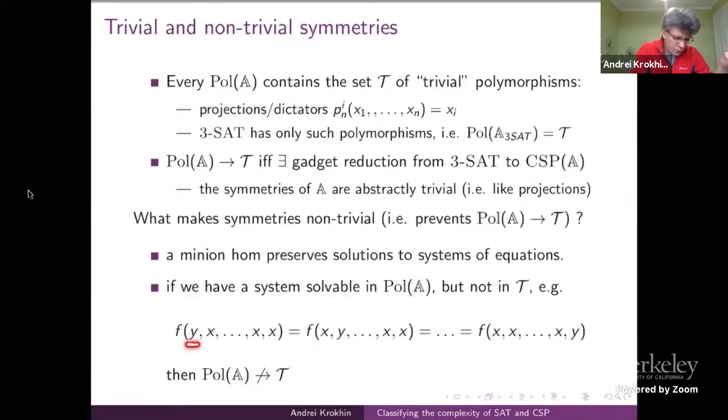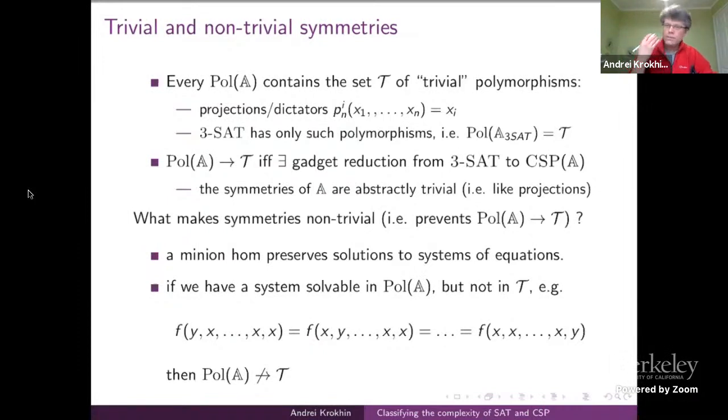Well, then this would return y, and this would return x. So these would be different functions, right? This function is a binary function that always returns y, and this would be the binary function that always returns x. So they are different functions.